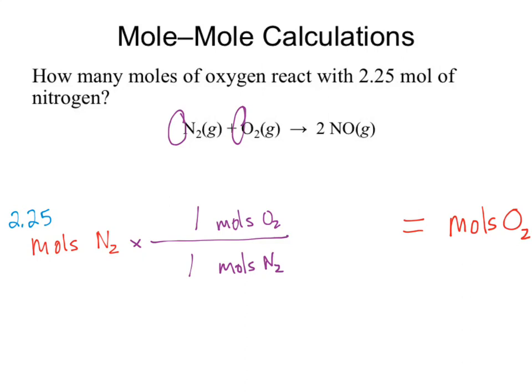Why did I not write 2.25 down in that denominator? It's a trickier question. We're focused on the conversion factor and the conversion factor alone. What is the relationship between those? Where is that relationship found? In the balanced equation.